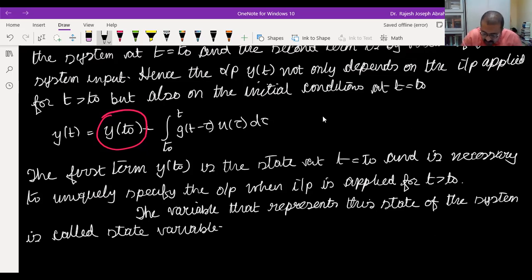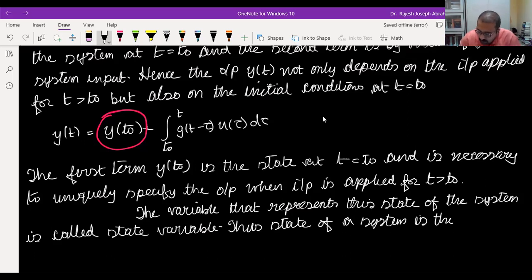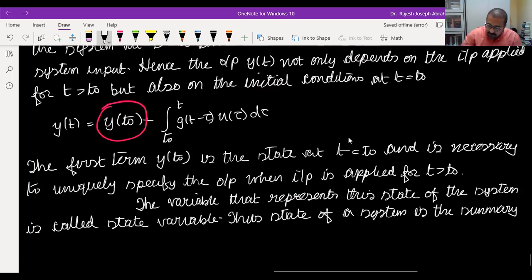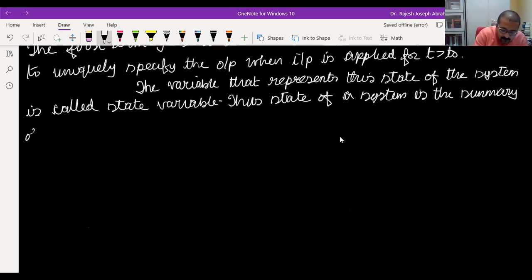Okay, the state of a system is the summary of complete behavior, or complete status, that would be the apt word.